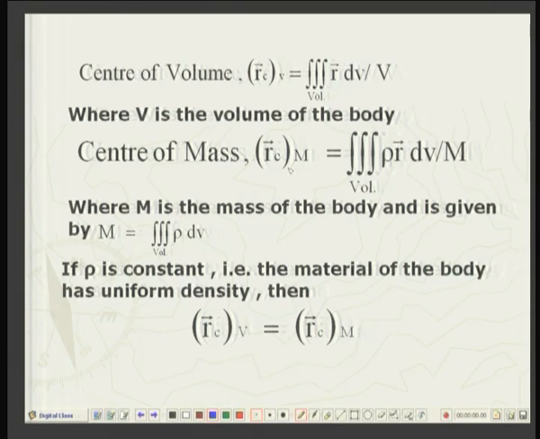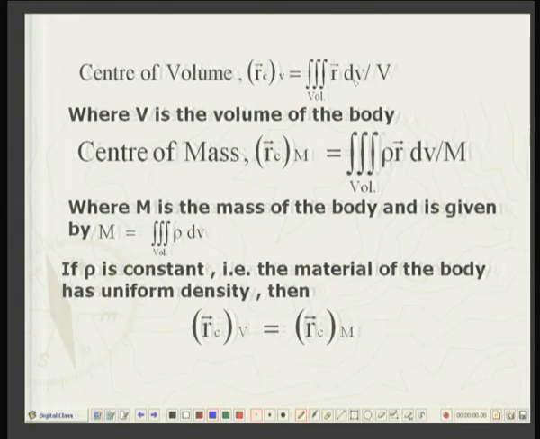So, center of volume. Since volume is a three-dimensional concept, we will be using the three-dimensional coordinate system x, y, z. The position vector of the center of a given volume is obtained by considering an infinitesimal volume of dimensions, in rectangular Cartesian coordinates, dx times dy times dz.